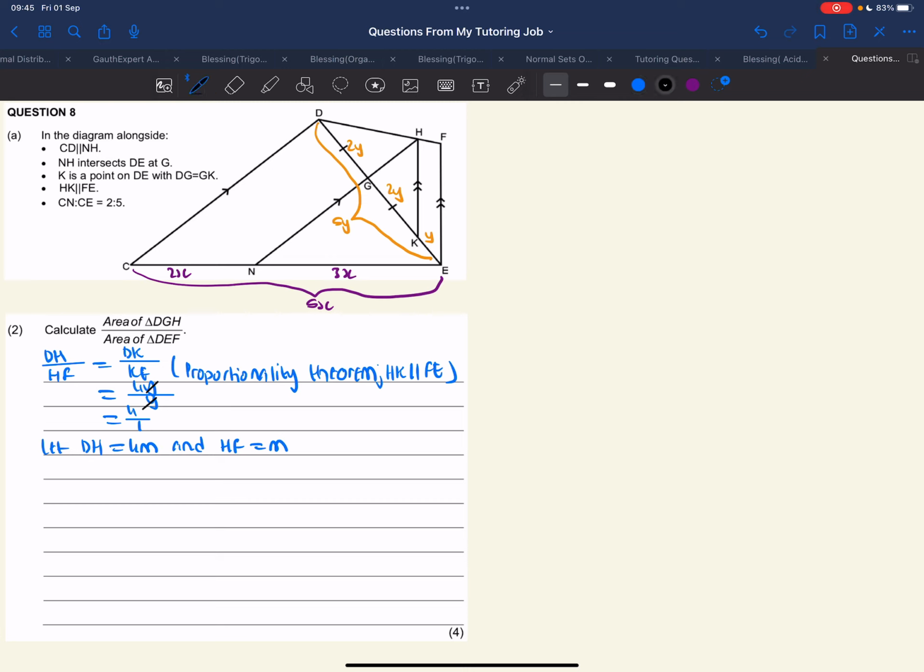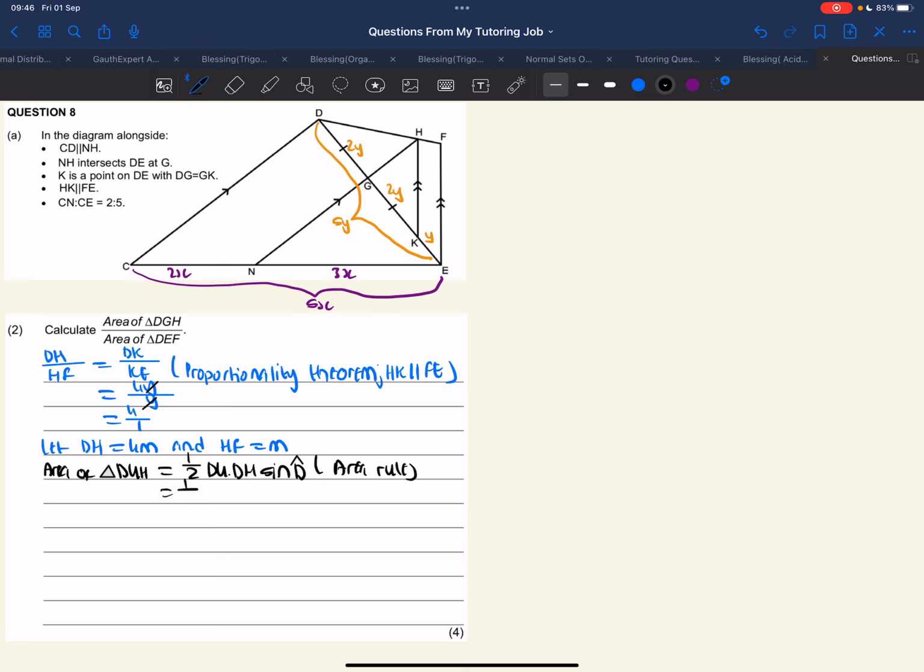All right, now I'm going to say area of triangle DGH is a half of length DG multiplied by DH, then sine angle D. That is the area rule.